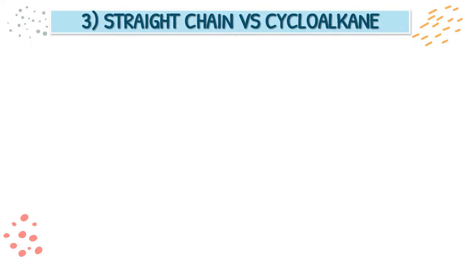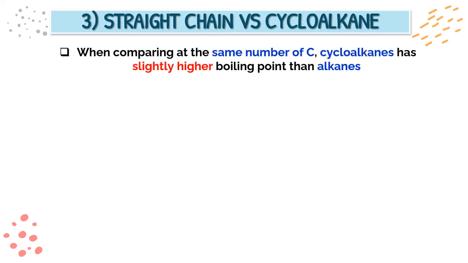The third factor that can affect the boiling point of alkanes is when we compare a straight chain alkane with a cycloalkane. When comparing at the same number of carbons, cycloalkanes have slightly higher boiling points than straight chain alkanes.